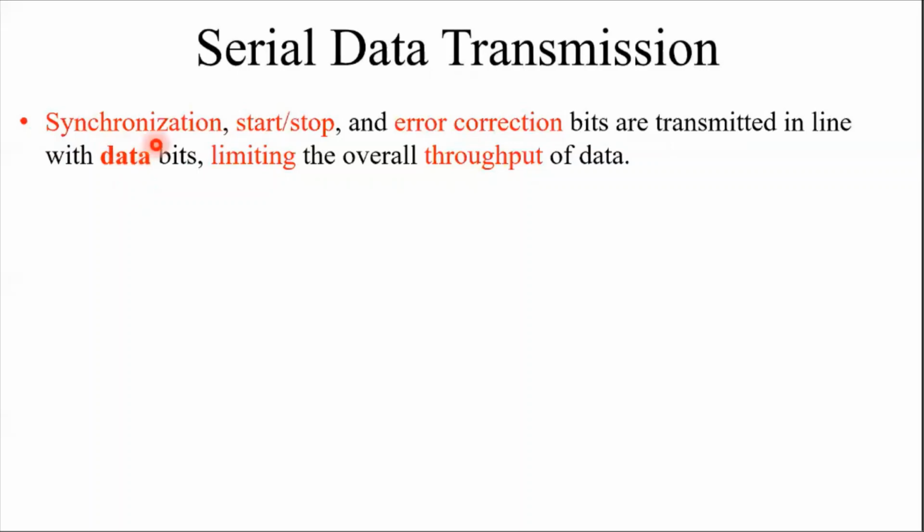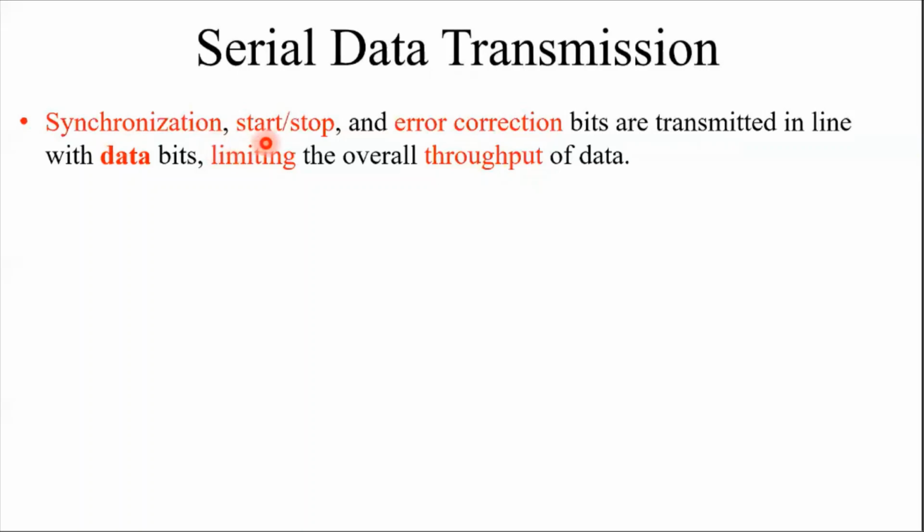This synchronization bit is used to identify which bits are transmitted first, or second, or third, or last. By using this synchronization bit, the receiver will know which bits are the first, second or third, and accordingly reorganize the bits in the order that is sent by the sender.